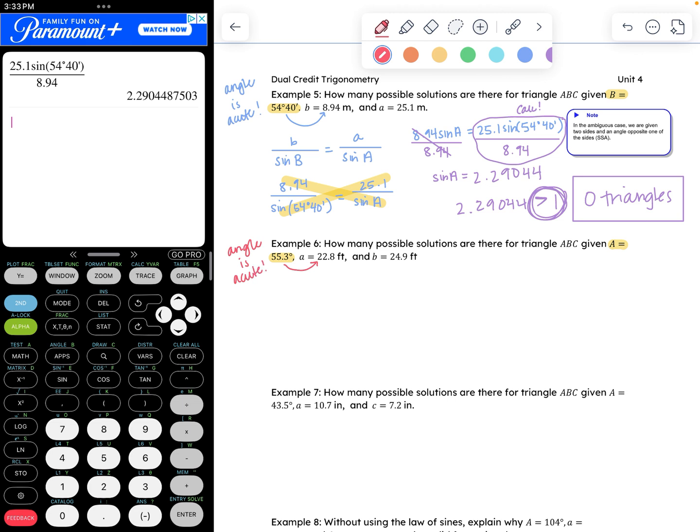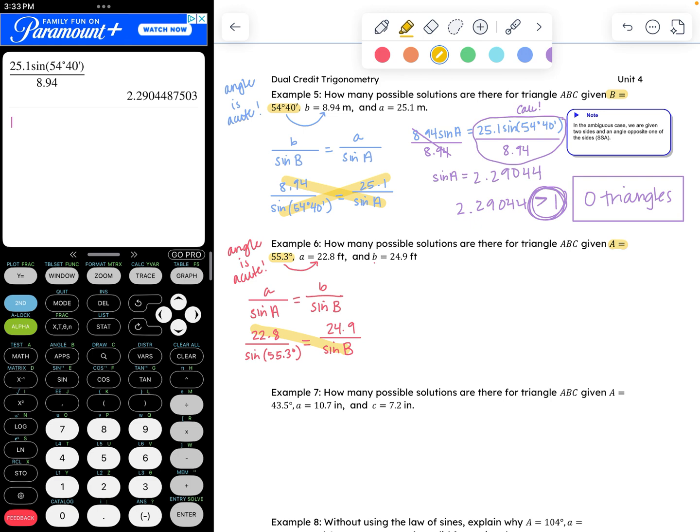So I'm going to go through and do my law of sines again and see if it's greater than 1, equals 1, or if it's less than 1. So I'm going to do a over the sine of A, and I've got b over the sine of B. So 22.8 over the sine of 55.3 degrees is going to equal, side b is 24.9 over, I don't know what the sine of B is, that's what I'm trying to find.